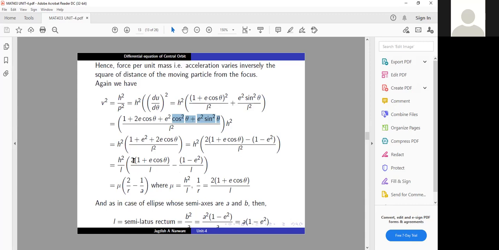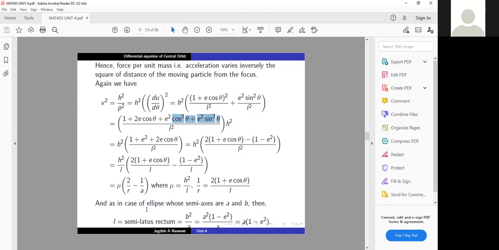This is the value of 1 upon R, so we write 2 upon R. And minus, this is 1 by A into mu, so mu is S square upon L.